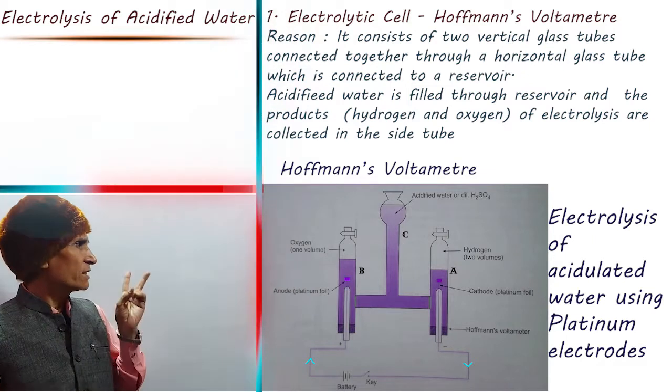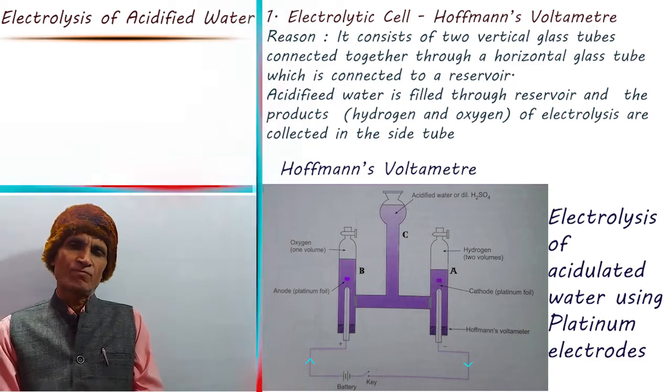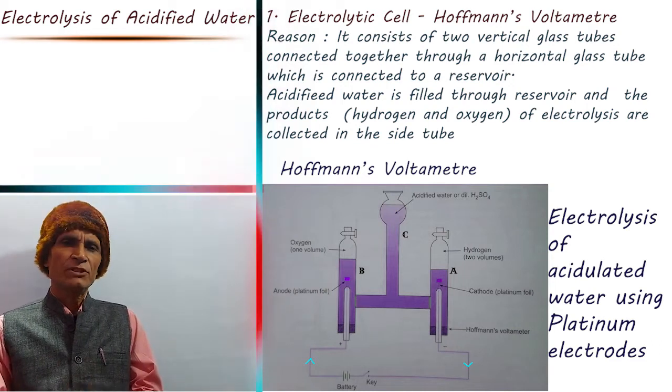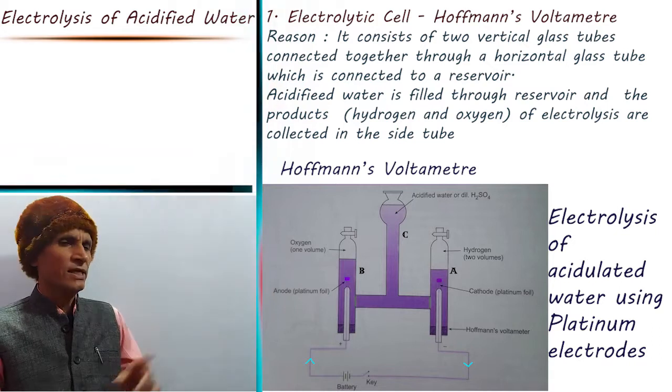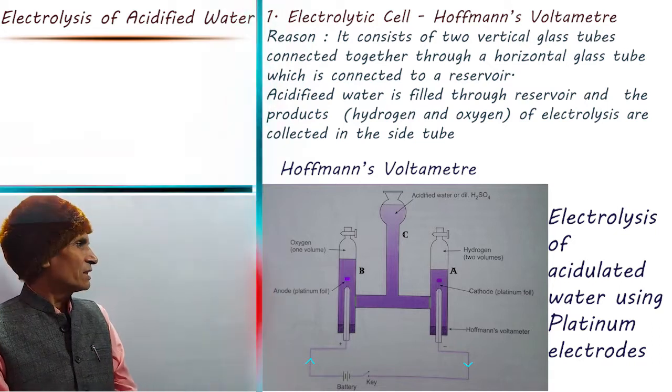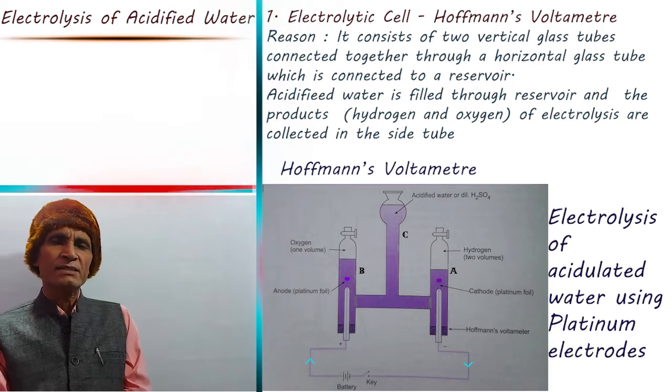And these vertical glass tubes A and B are fitted with two platinum foils which are used here as electrodes.